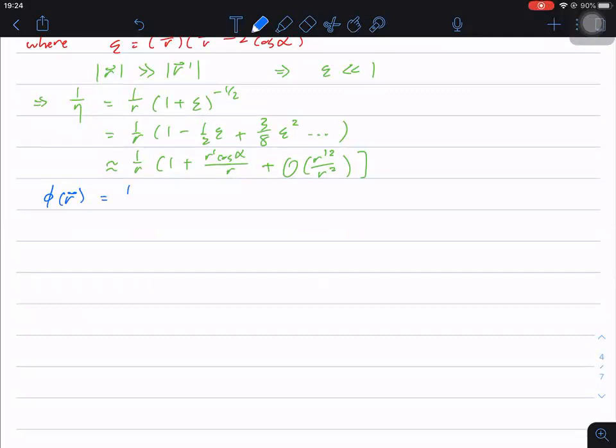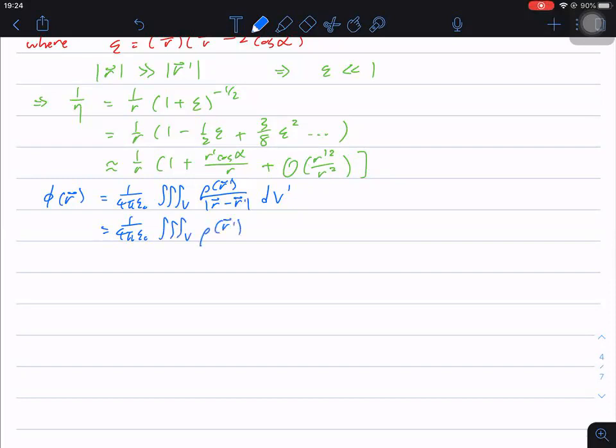Now we can plug this expression into the integrated form of the potential. Because we know what 1 over eta is, we can put this expansion here.